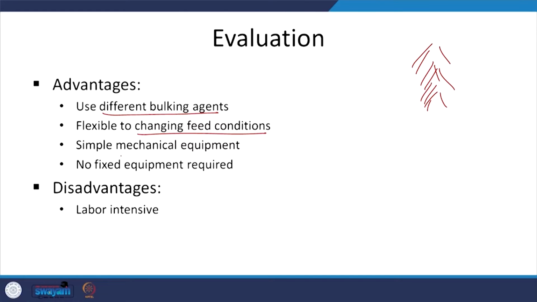Disadvantages though, it is labor intensive, large area is required and high operator exposure. Why large area? Because you can't have huge piles out here. Typical piles maybe this height, maybe to my waist, about a meter, depending on how well you are able to aerate it. So, here the issue is with respect to aeration and also moisture control, that is something to keep in mind.